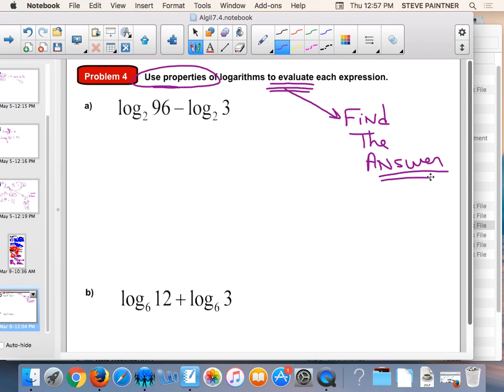Anybody got it done? Yep. Okay, now for these I want the answer. So 2 to what power is 32? Yep, the answer's 5, because that's what evaluate means. 6 squared. Yep. So 2 and 5.